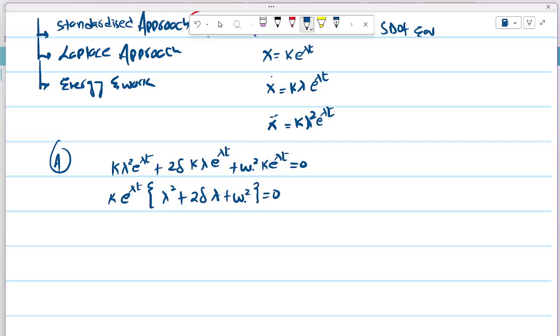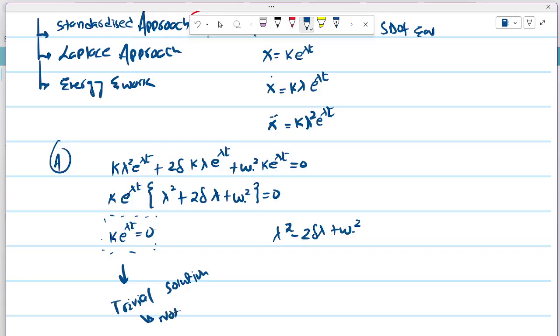From this equation you can see either k e to the lambda t equals 0 or this bracket equals 0. We call this solving the system. Either k e to the lambda t equals 0, we call it the trivial solution, meaning not important, useless.